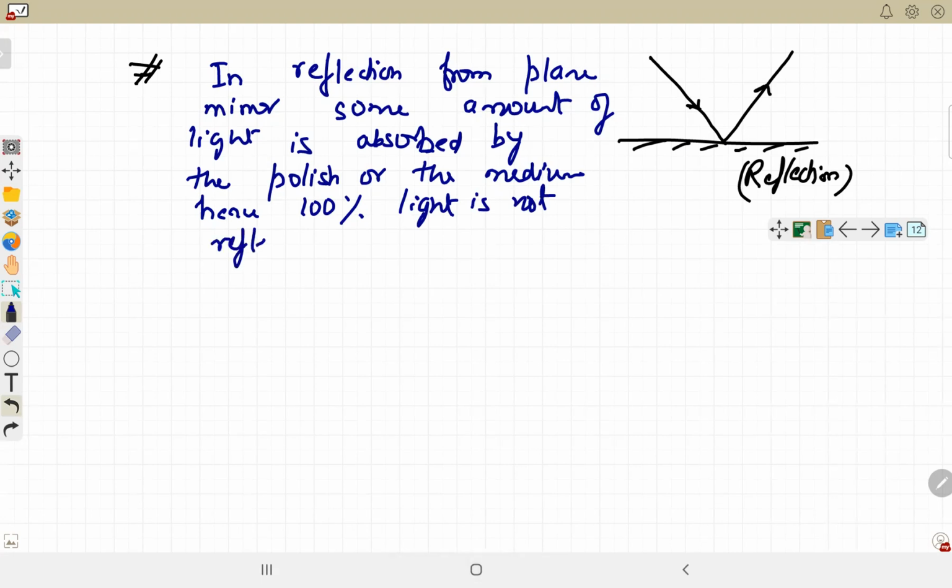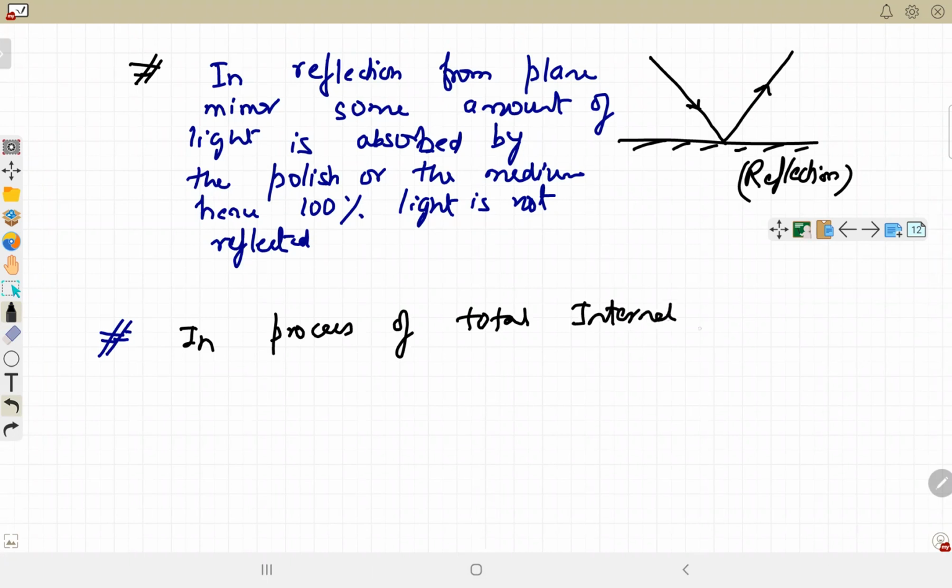We used to assume that, but that is not a practical case, because whatever coating we apply, usually mercurous sulfide or lead sulfide, will absorb some amount of light. But in total internal reflection, it is not because of absorption, it is a natural phenomenon. In the process of total internal reflection, 100% light is reflected back.